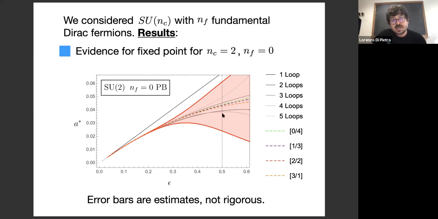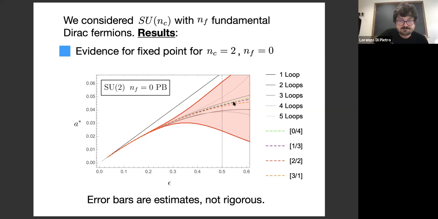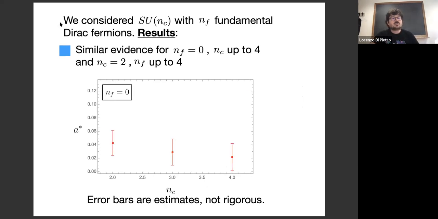I will return to this when we go to the various components of the error, but the thing that dominates it is our estimate of the non-perturbative error, rather than the convergence of the Padés.